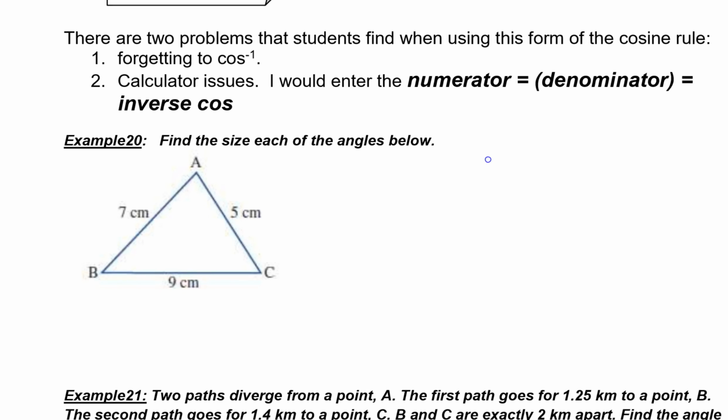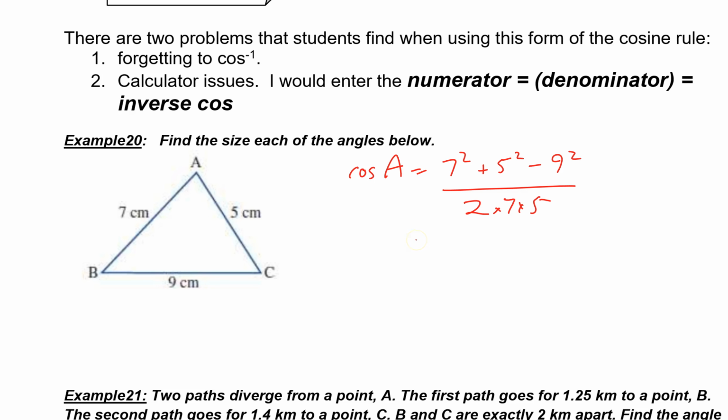What we're asked to do here is to find the size of each of these angles. I'm going to say that cos A is equal to 7 squared plus 5 squared minus 9 squared. The neighbouring sides get added, the opposite side gets subtracted, over 2 times 7 by 5.